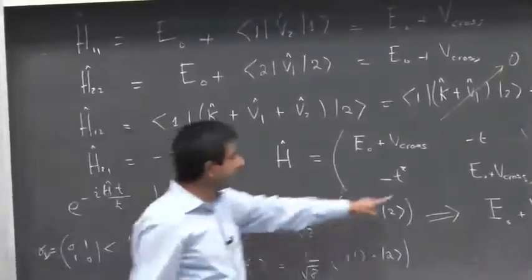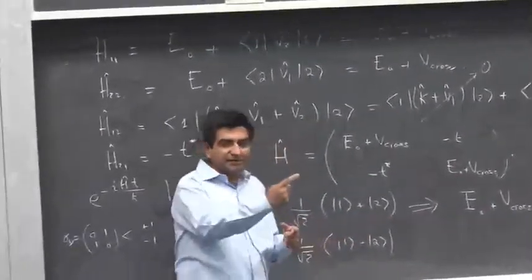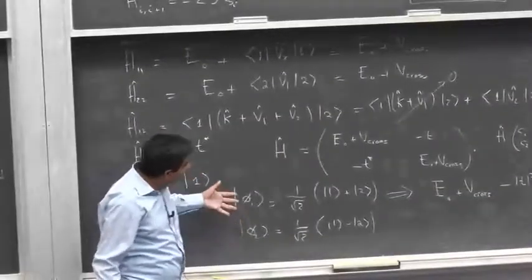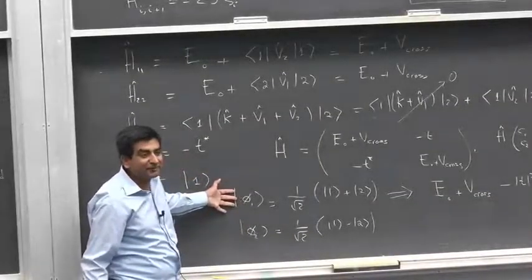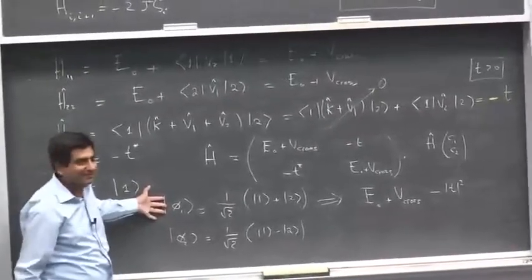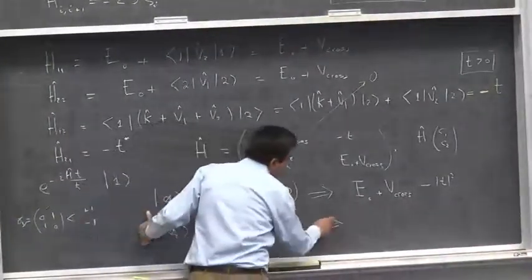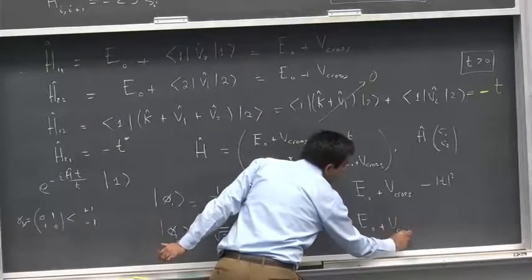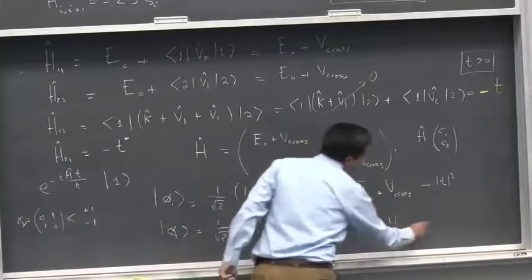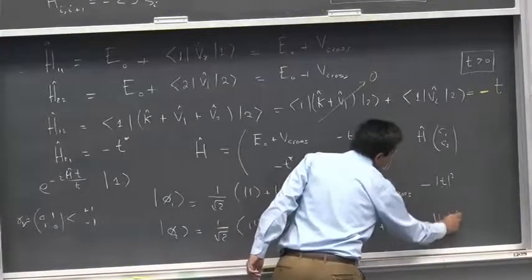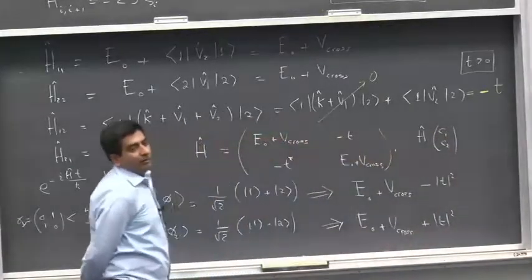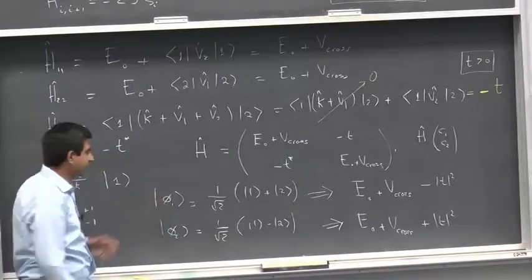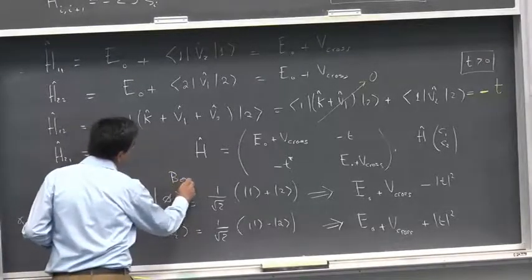So we have these off diagonal terms. One is going to be plus T modulus square, the other is going to be minus T modulus square. So this state is of the lower energy. The other eigenvalue is going to be E naught plus V cross plus T modulus square. This wave function is called a bonding molecular orbital.